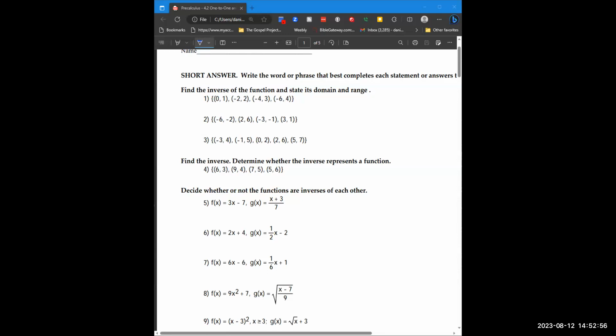Any even function would do here, or any function that's not going to pass the horizontal line test. It's going to pass the vertical line test, but for the same y value, there's more than one x value, so this would not be one-to-one. And if it's not one-to-one, that means that it has no inverse.